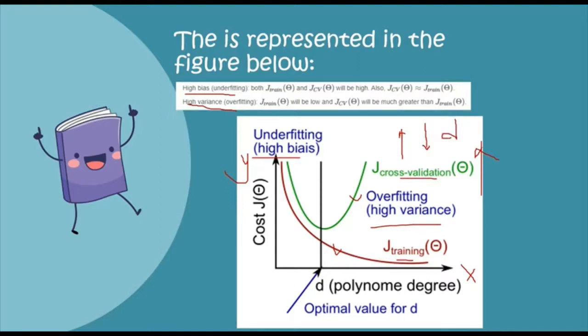So what we can assume here is if d is too small, this probably corresponds to a high bias problem. But if d is too large, this probably corresponds to a high variance problem.